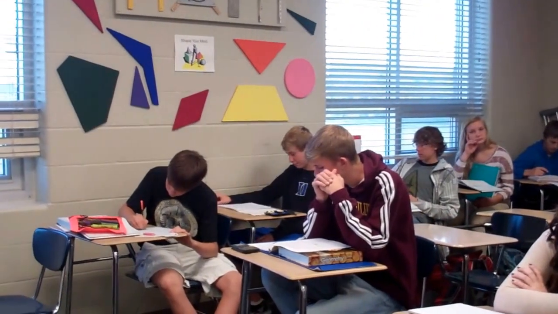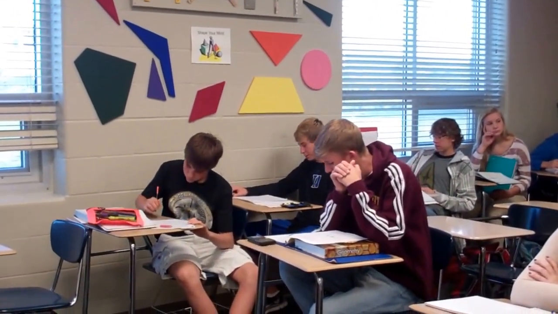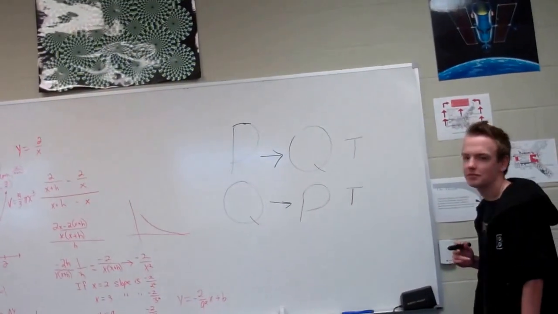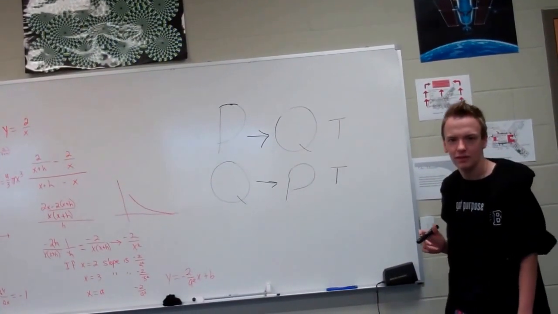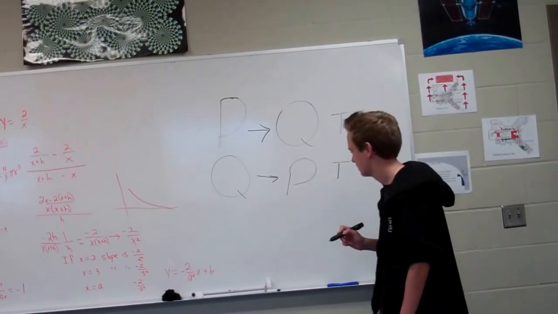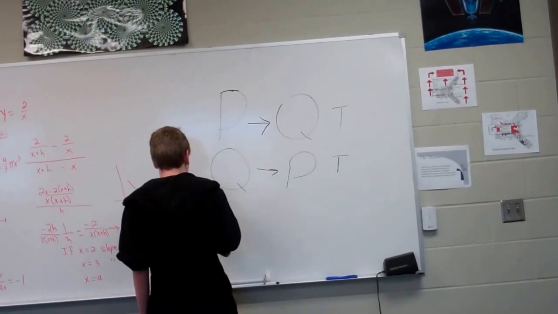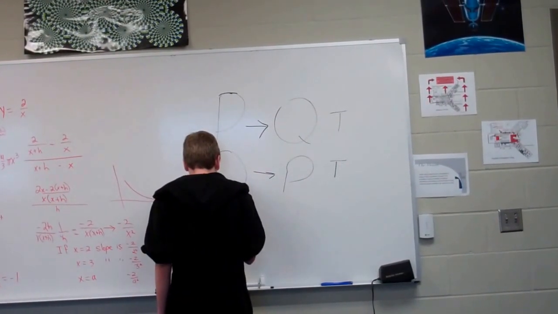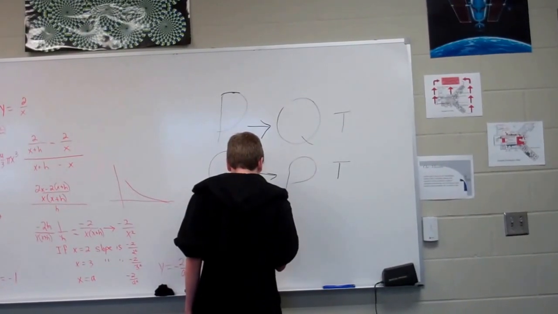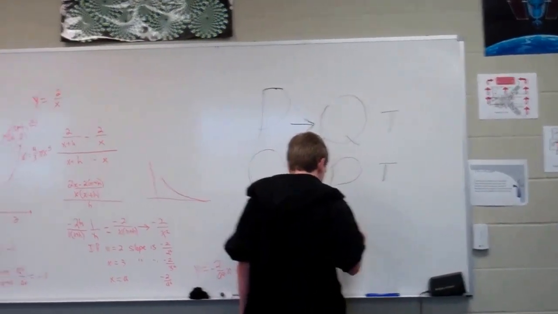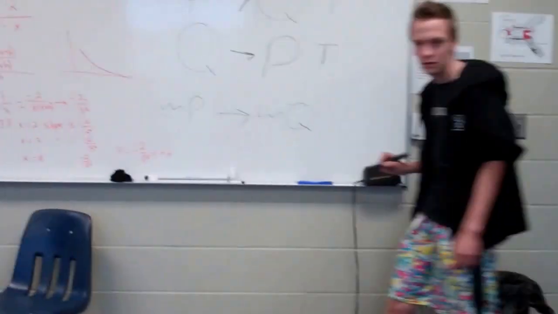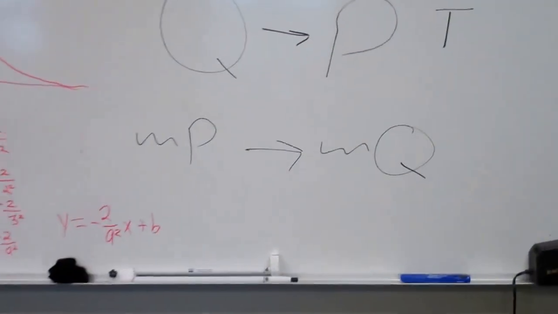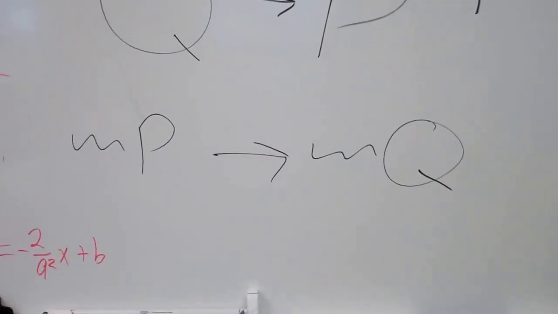All right, Cole will now read the inverse of the original. If two lines don't lie in the same plane, then they aren't coplanar. Ooh. You have to now put down squiggle P, arrow squiggle Q. Oh yeah, that's a nice job.